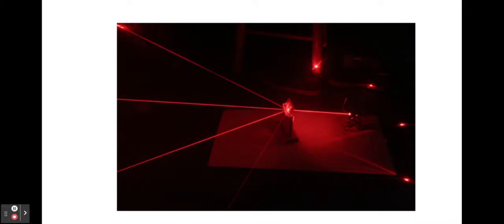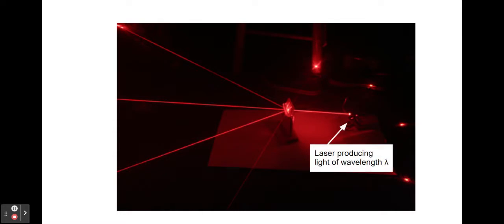Now, here's what happens. In this image, you can see a laser on the far right producing a beam of light of wavelength lambda. This is a monochromatic beam, which means that all the photons are identical, the same color, same wavelength.